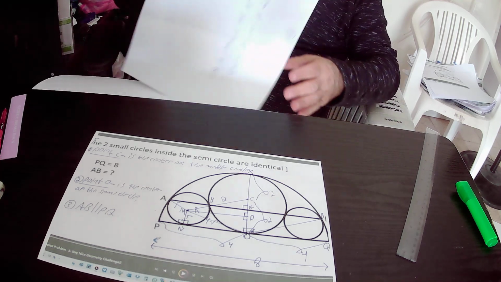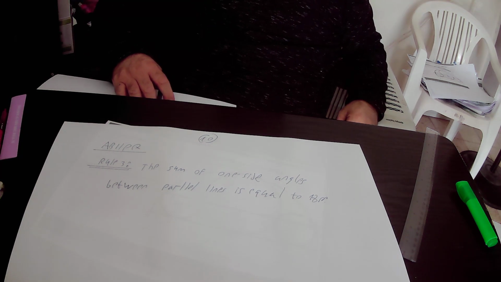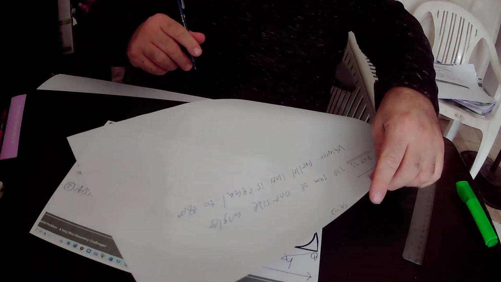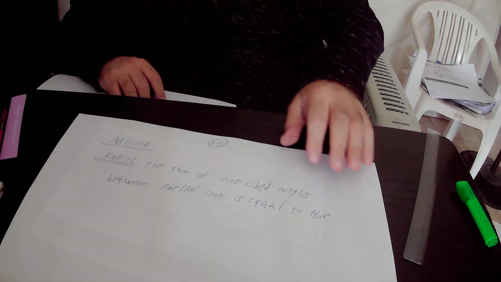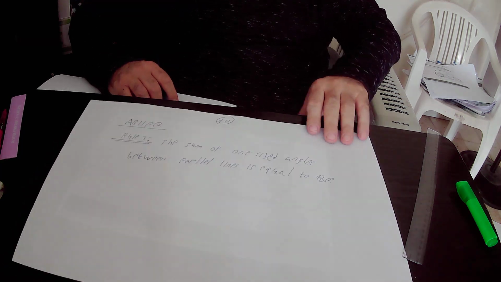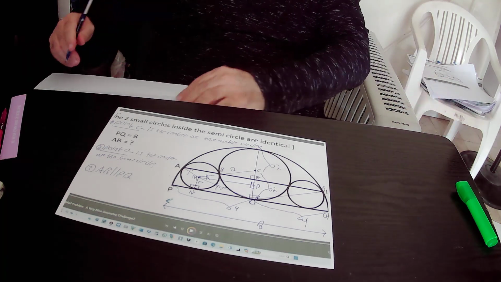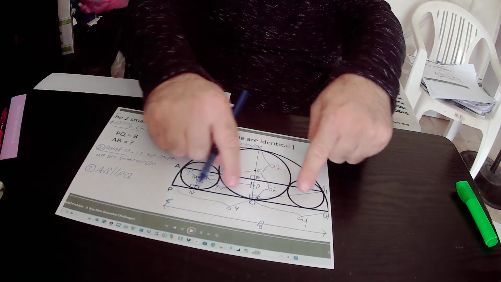I will read again rule number 3. According to rule number 3, the sum of one-sided angles between parallel lines is equal to 180 degrees. So we can implement the rule here. We know that AB is parallel to PQ.